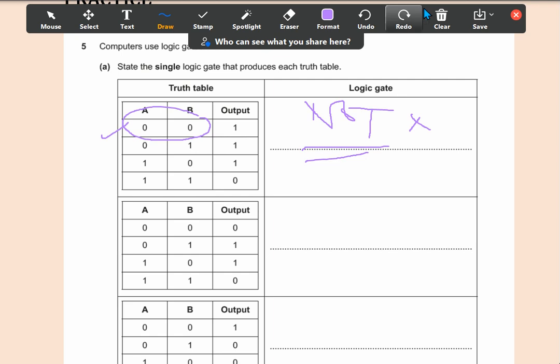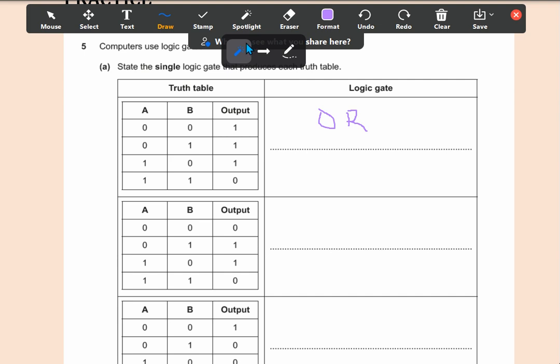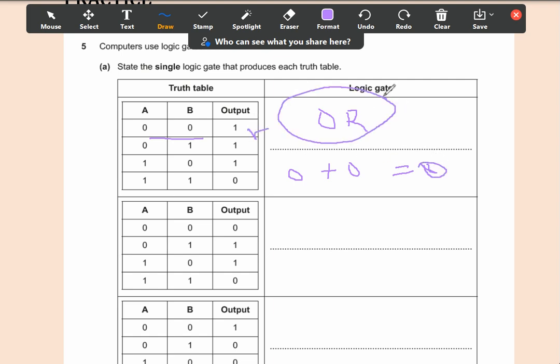Therefore, it is not a NOT gate. Let us also try with the OR gate. Now for the OR gate, it says that we just have to add, correct? If I try to add the first inputs, 0 plus 0, that's 0, right? It says 1 here, so therefore, it is clearly not an OR gate.